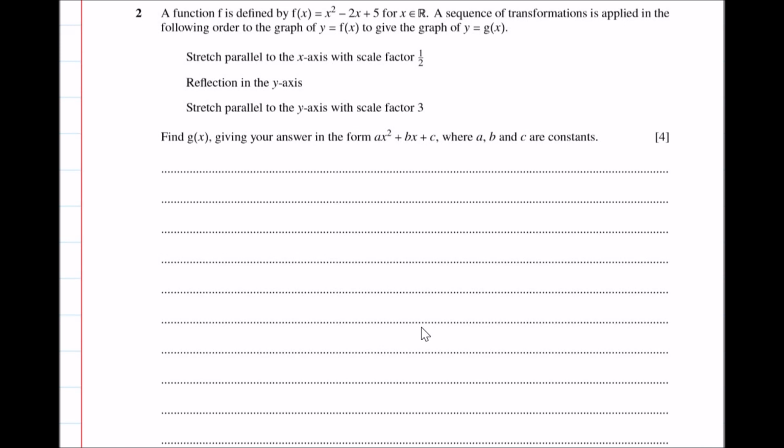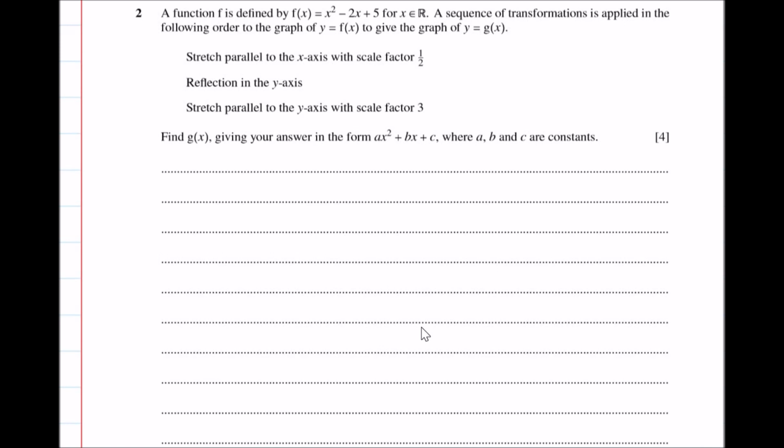Stretch parallel to the x-axis with scale factor half. Reflection in the y-axis. Stretch parallel to the y-axis with scale factor 3. Here 3 transformations have been applied on the function f(x) and then we are getting g(x).